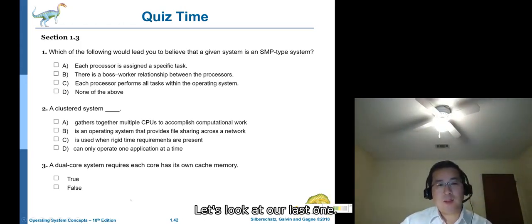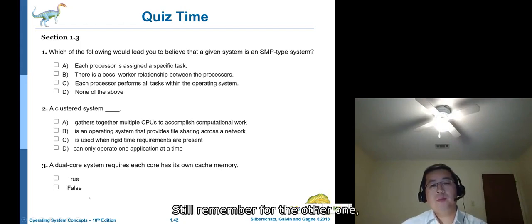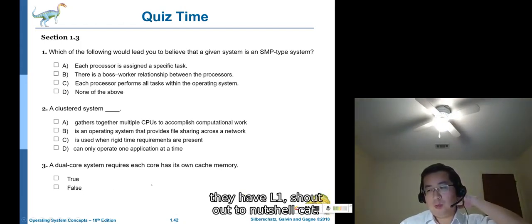Let's look at the last one. A dual core system. Dual core, we mentioned, requires each core to have its own cache memory. True or false? Still remember, for that one they have L1 own, but L2 shared, correct?